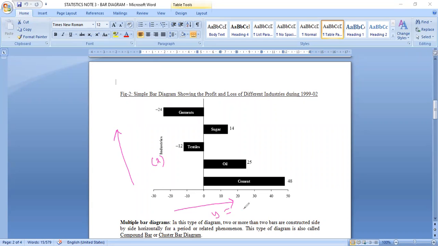That is frequency. There is number of profit and loss. Right? Profit versus loss. So this indicates loss, negative, and this indicates profit, positive.